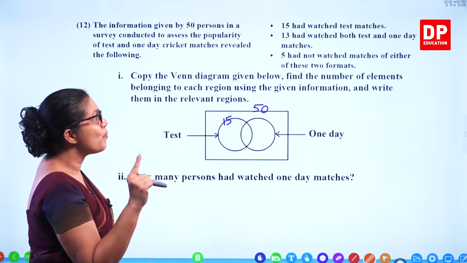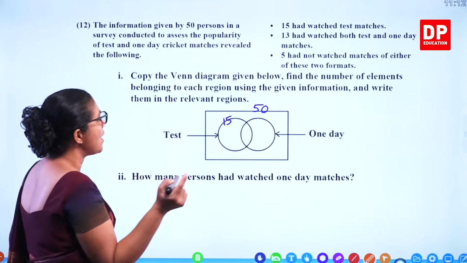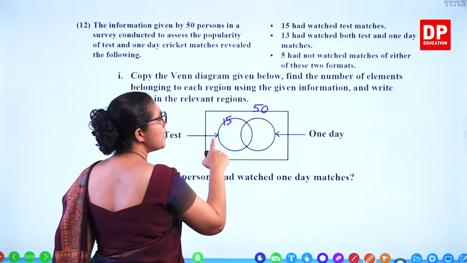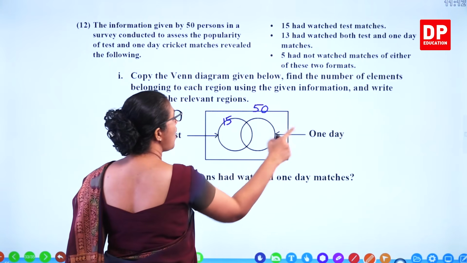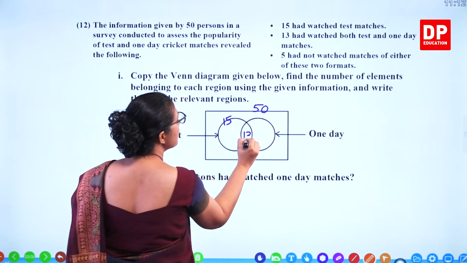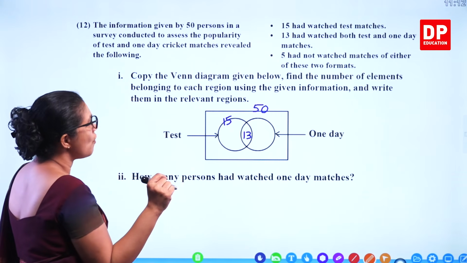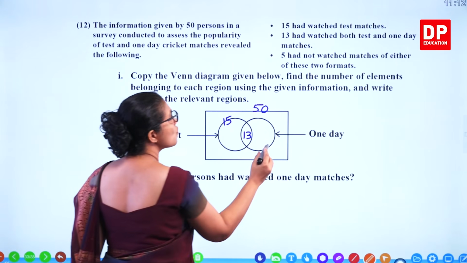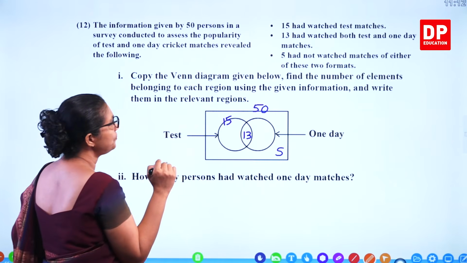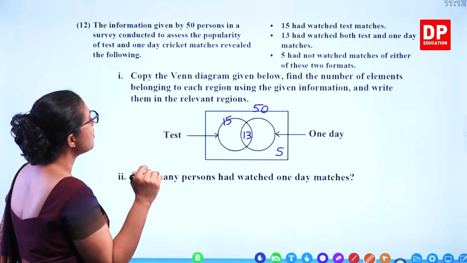13 had watched both test and one-day matches. So that's the common part for test and one day. So this is 13. 5 had not watched matches of either of these two formats. So 5 outside. Copy the Venn diagram given below.